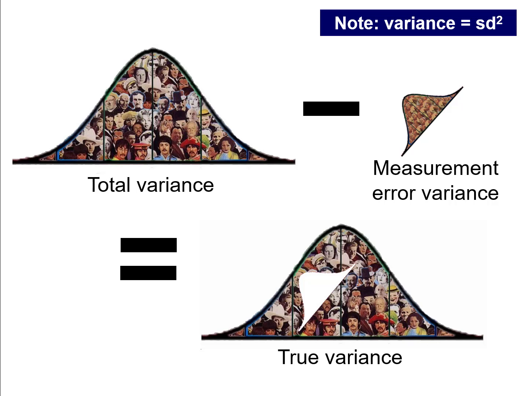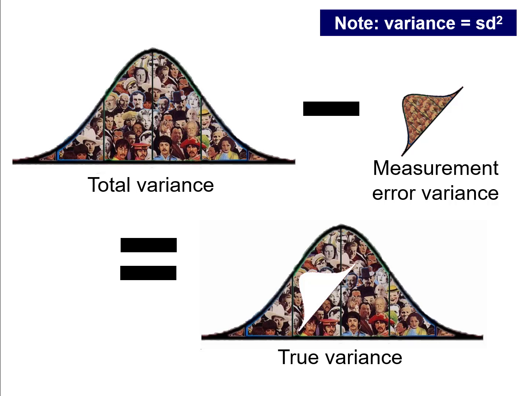That would tell us how far on average scores from each assessment occasion typically deviate from that person's true score. But we can't possibly assess a person an infinite number of times, and we can't possibly know a person's true score. So this is all very abstract and hypothetical.